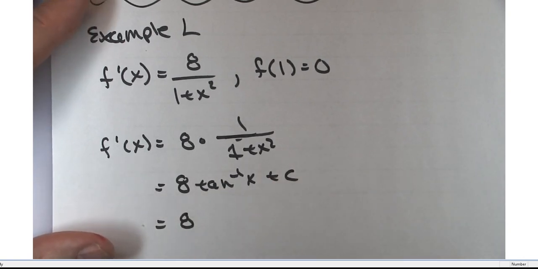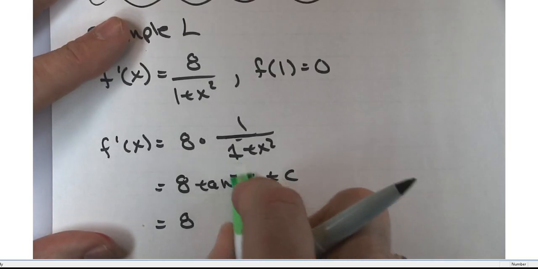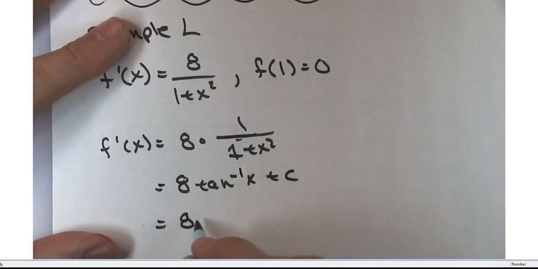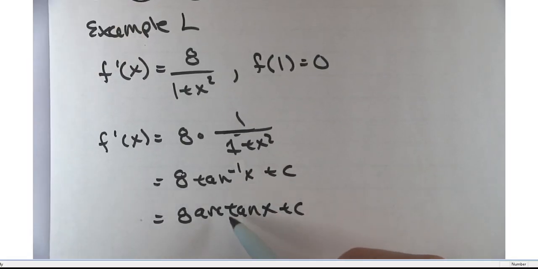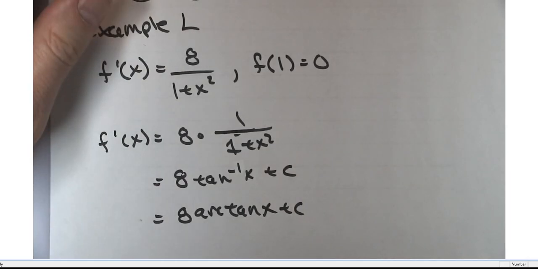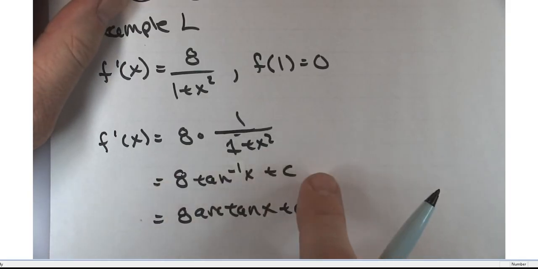Does anyone remember another way to write it? Yeah, arctan. This is just like square root of x and x to the 1/2. They mean exactly the same thing and have the same derivatives. That's fine. Let's see if we can figure out the rest of this then.